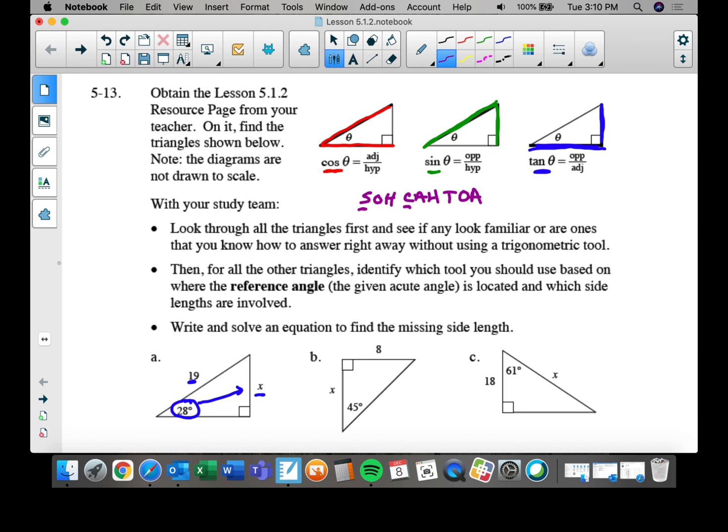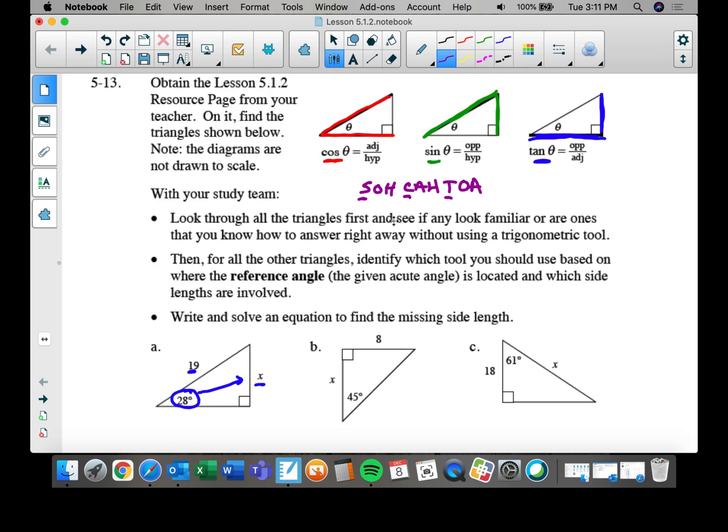C stands for cosine, which is adjacent leg over hypotenuse. And T stands for tangent, which is the opposite leg over the adjacent leg. So SOHCAHTOA is just a way to remember what we have up here.